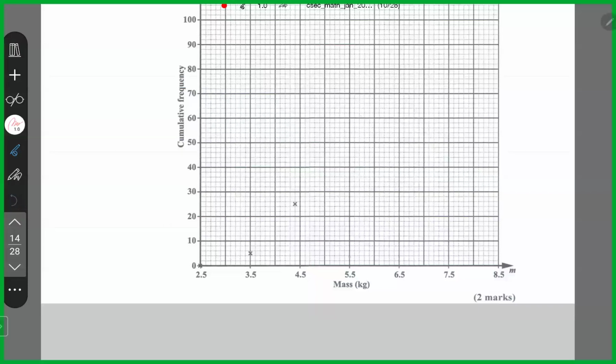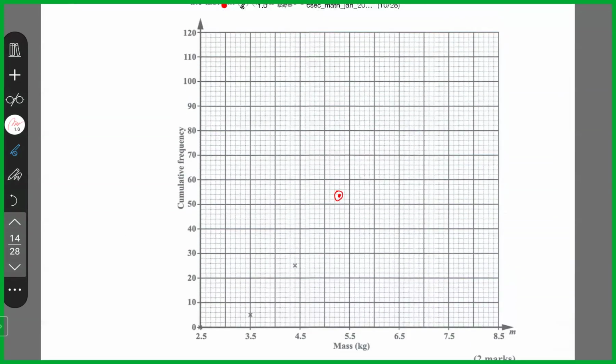So 5.3 corresponding to 55 would put me there.